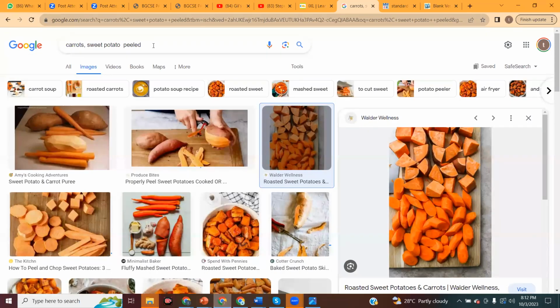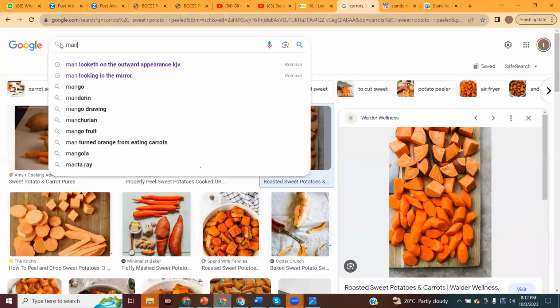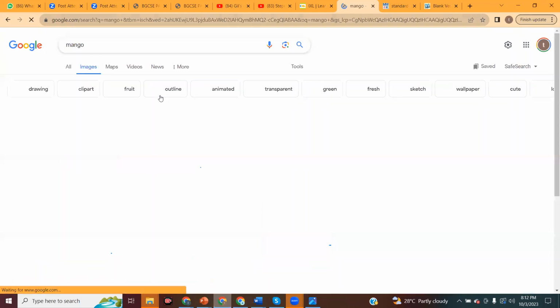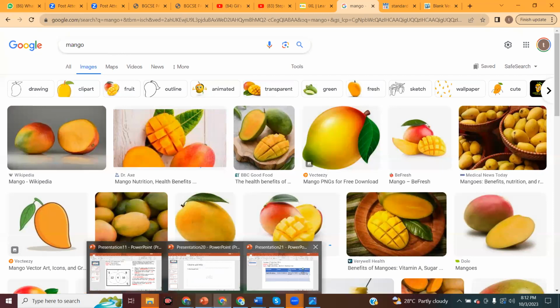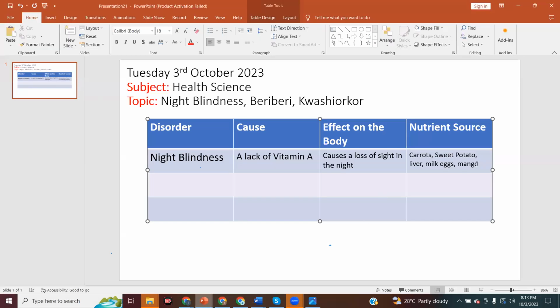And if you look at the mango too, the orange color as well. So that's where you get the beta carotene. Beta carotene helps with sight because that's where you have the vitamin A from. So carrot, sweet potato, mango, liver, milk, and eggs are sources of vitamin A.